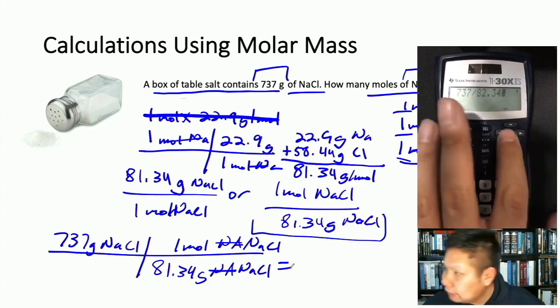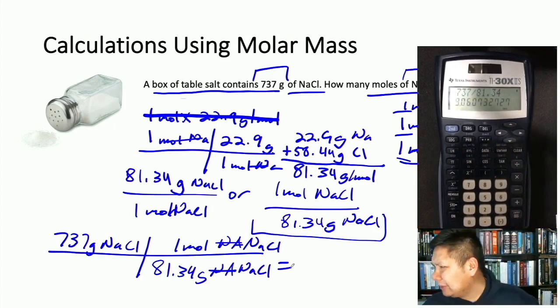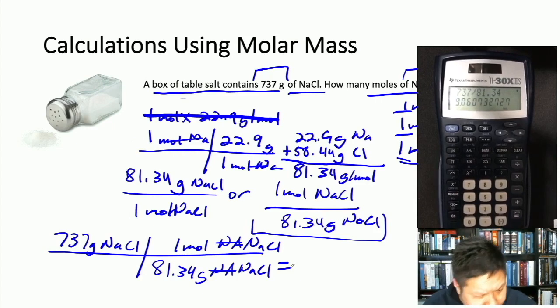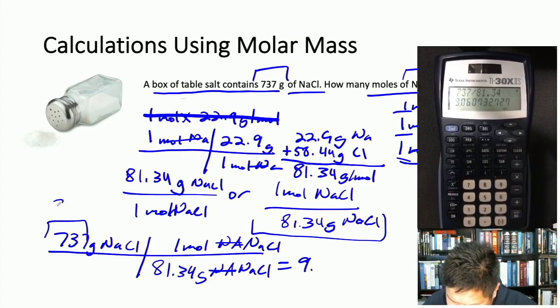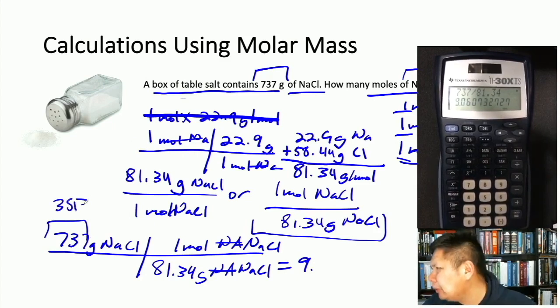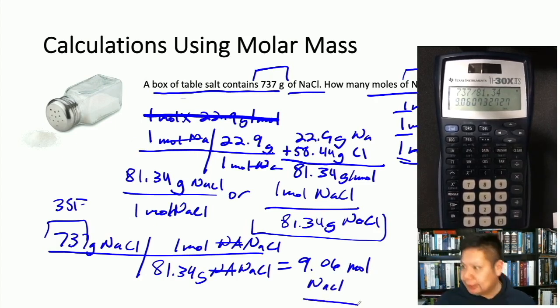Oops. See, just tiny little mistypes. Make sure you're catching yourself when you're doing your test and stuff, right? Enter, and that gives us about 9 moles. We'll go to 3 significant figures, so 9.06 moles of NaCl. And that's how you would calculate that out.